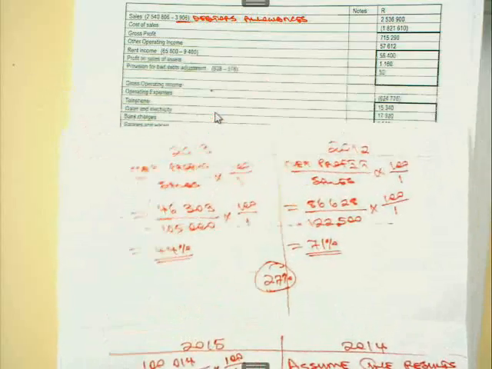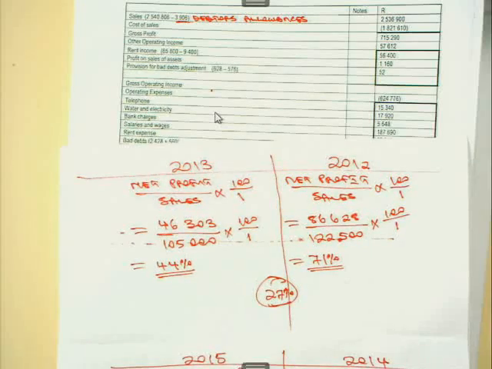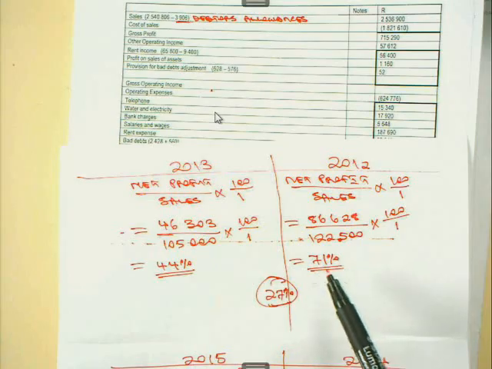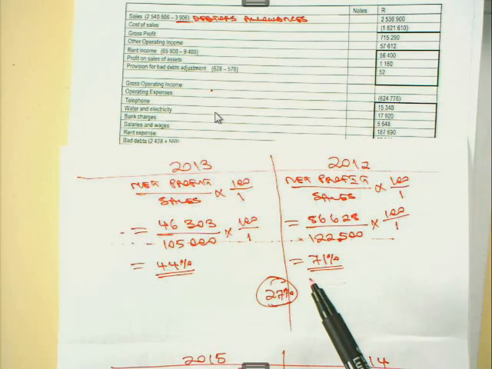This that we calculated earlier. In 2012, the company was earning 71%. It means for every 1 rand sold, we are earning 71 cents.